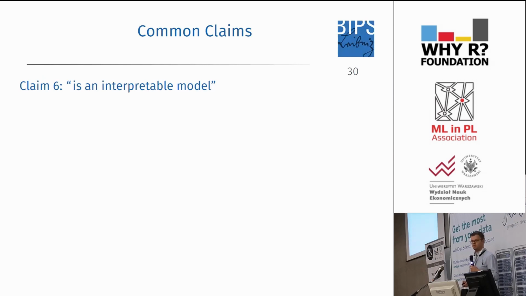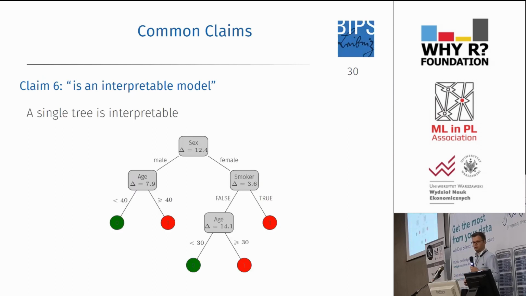Claim 6, you read that very often: random forest is an interpretable model, an advantage over other black box methods. I would say a single tree is easily interpretable. In this example, you split your data on sex, male or female, on age, on smoking. It's just an example I made up, but you can interpret this.